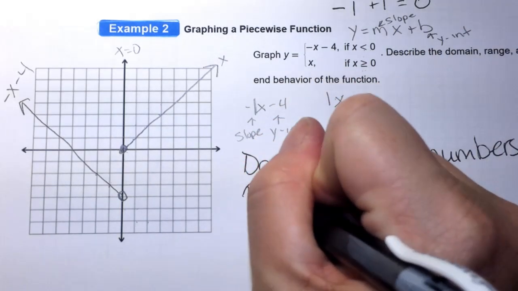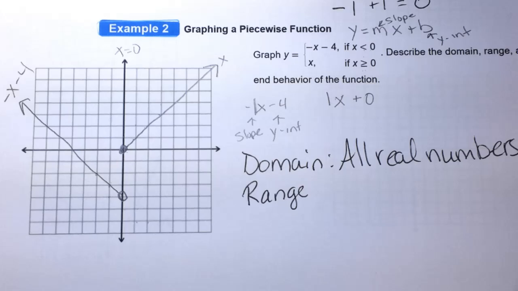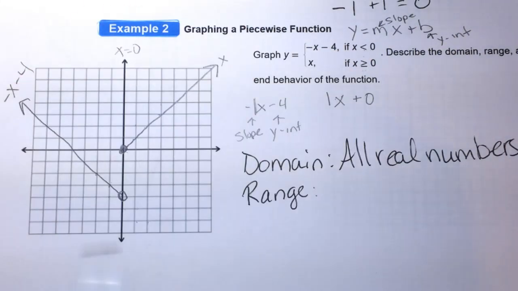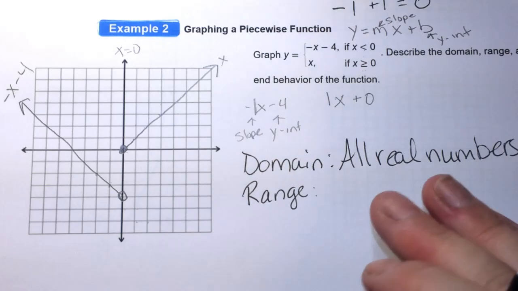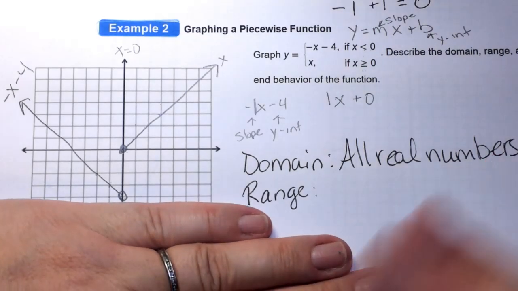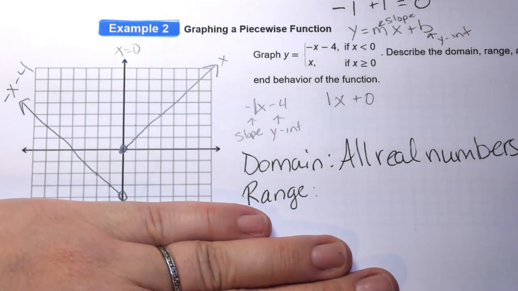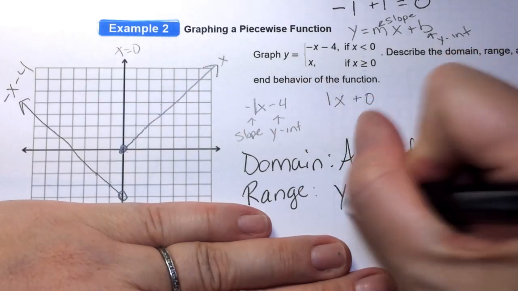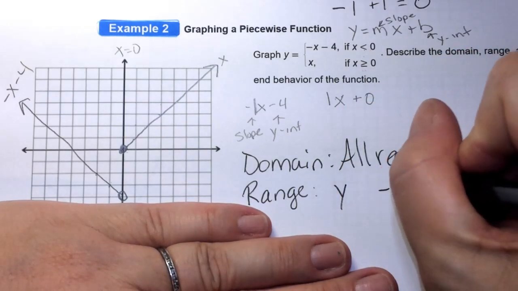So our range. All right, our range is, how does the graph exist this way, right? Well, if we look at the graph, there is no point of my graph below this point. Do you agree? Hopefully you said, yes, Ms. Gill, I do agree. So that means that that is the lowest y value. So we're going to start off and say y, and what is that value? Negative 4.